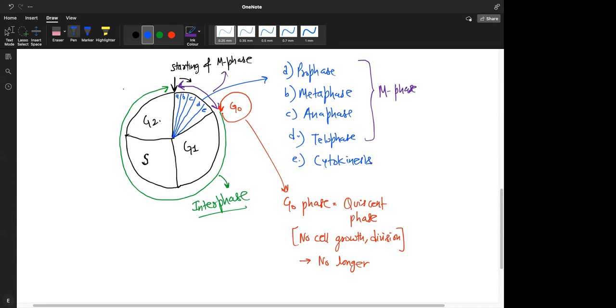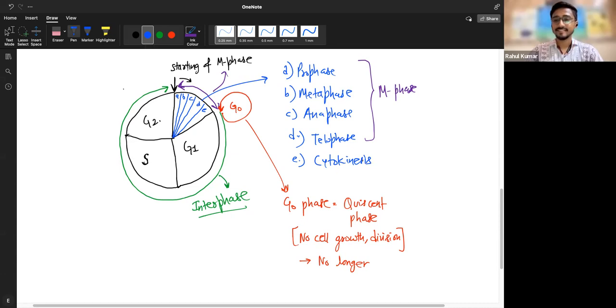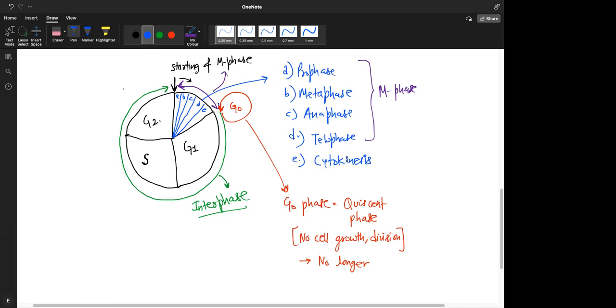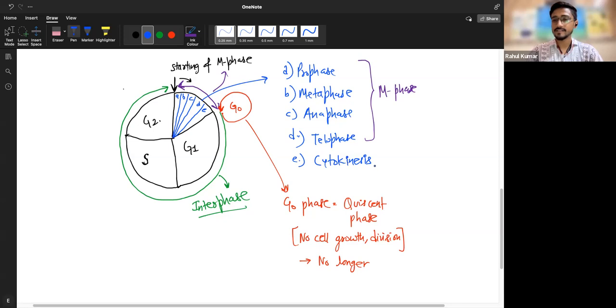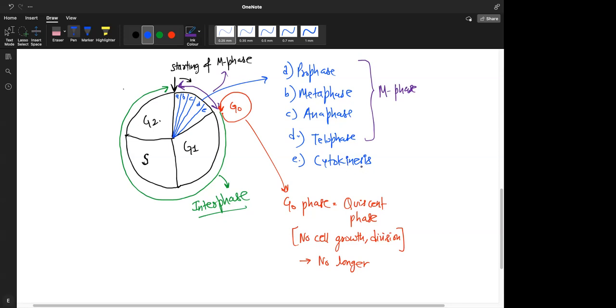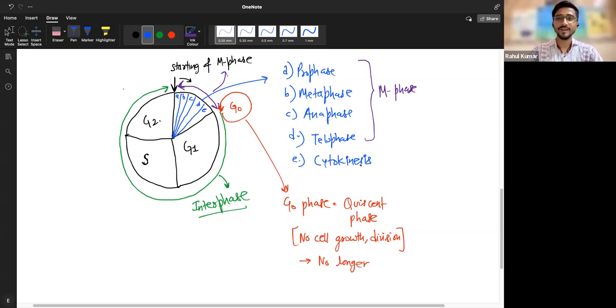And what does the word kinesis mean? Iram, time to be a teacher. Come on. What does the word kinesis mean? Division. Good. So cyto means cell and kinesis means division. So it is cell division.